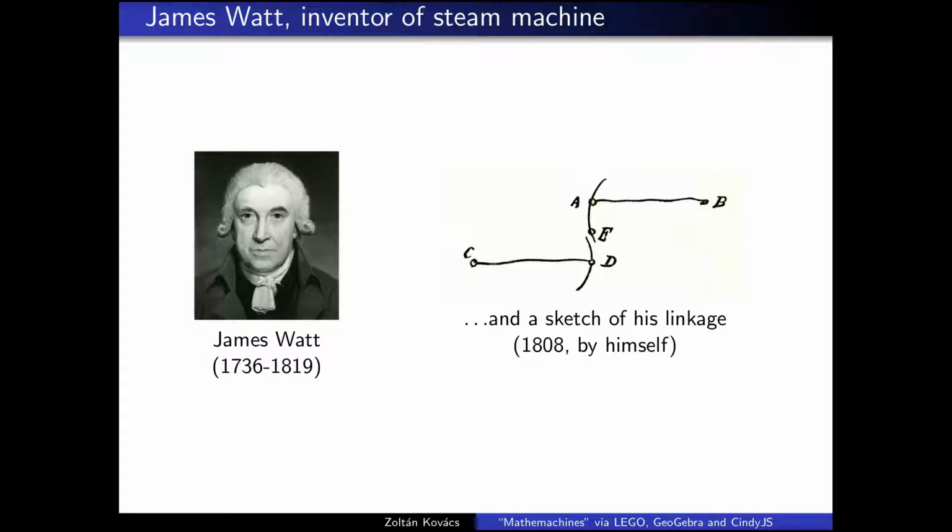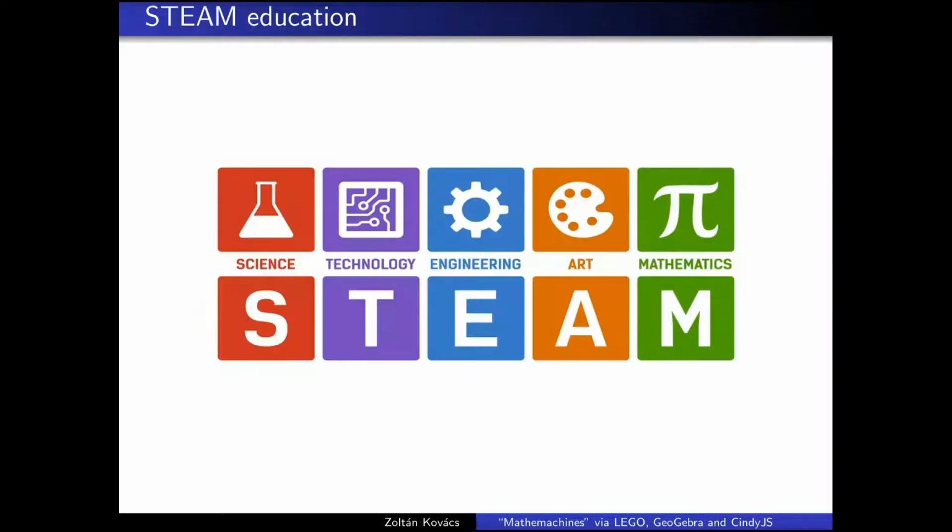So there's a sketch that shows how easy it is to create such a kind of linkage, and that's how we start the story from the educational point of view, because if it's easy to do, why not do it at school, in a classroom, with young learners, because it can be done, and the process of how the mathematical background can be developed is possible.